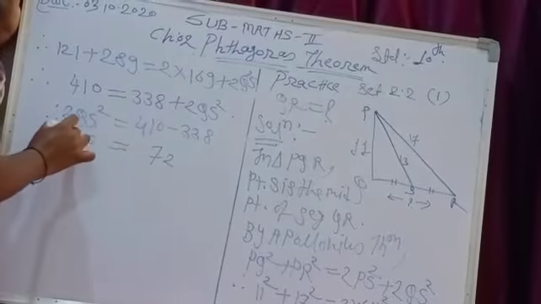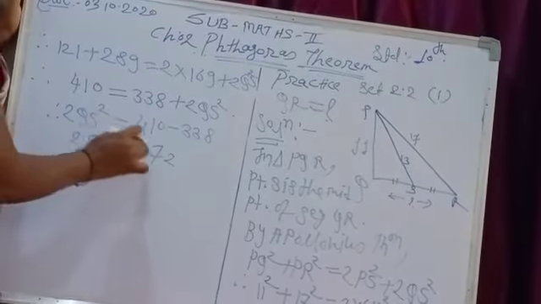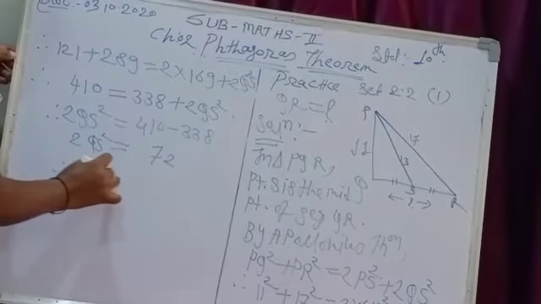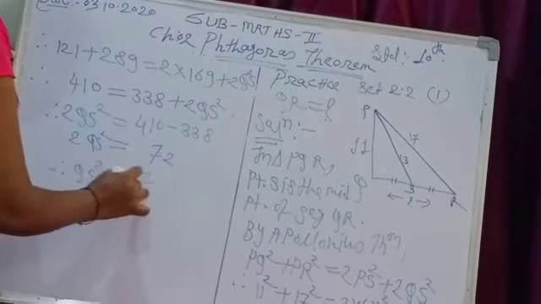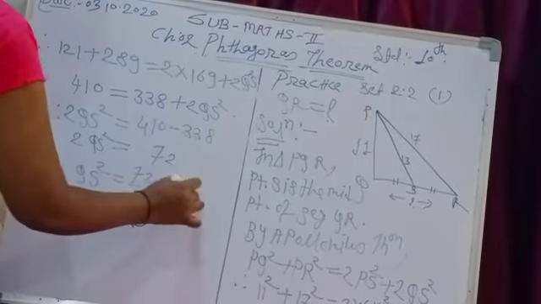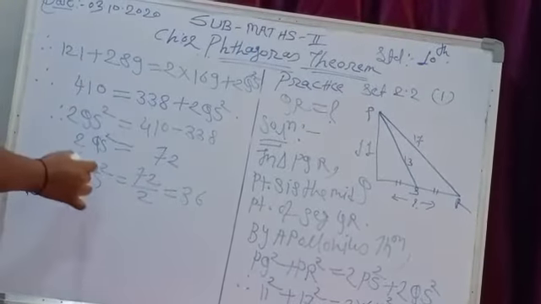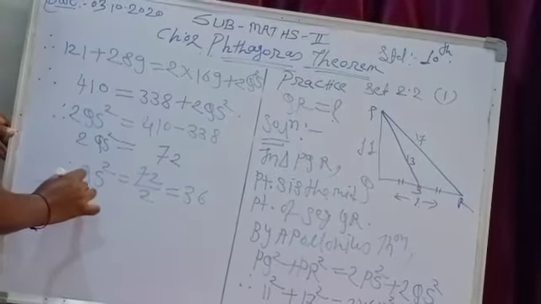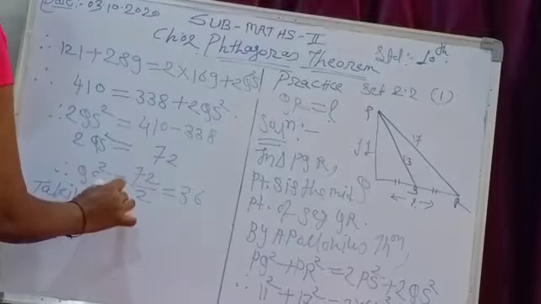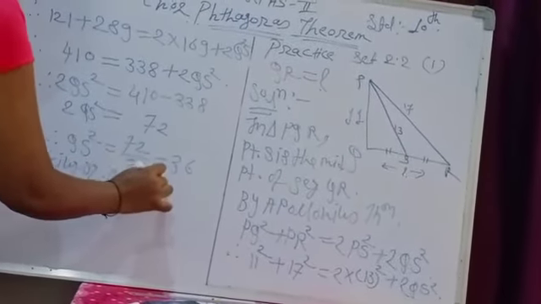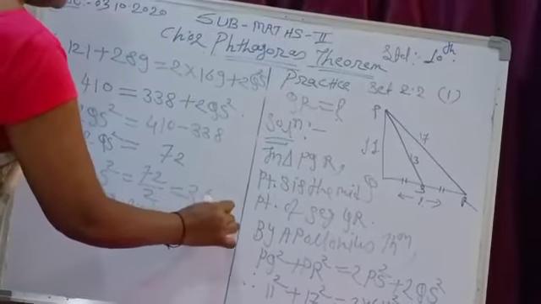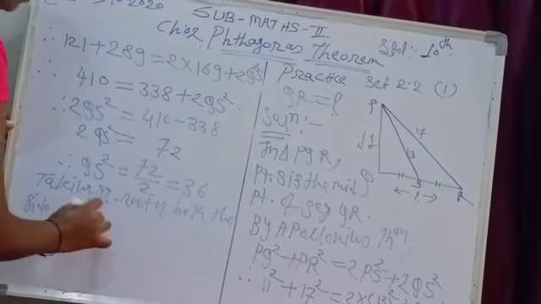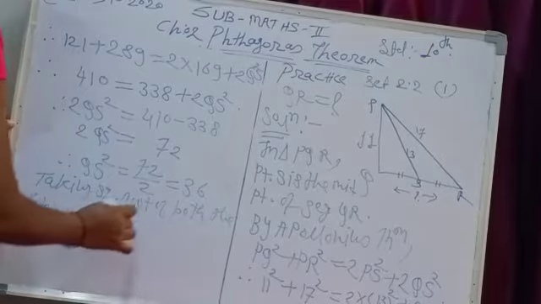Therefore twice QS square is equal to 72 and QS square is equal to 72 upon 2, which is 36. Taking square root of both the sides, we get QS is equal to 6.